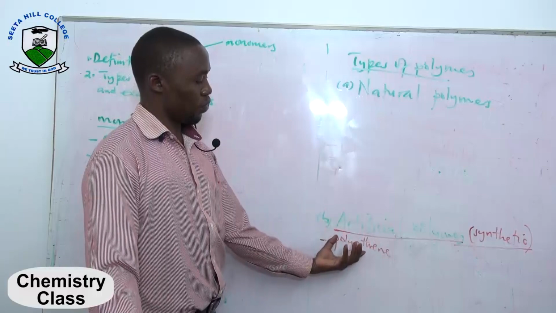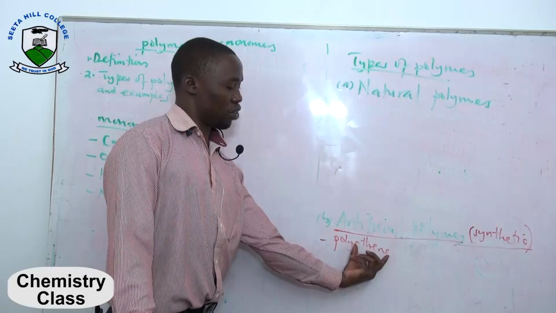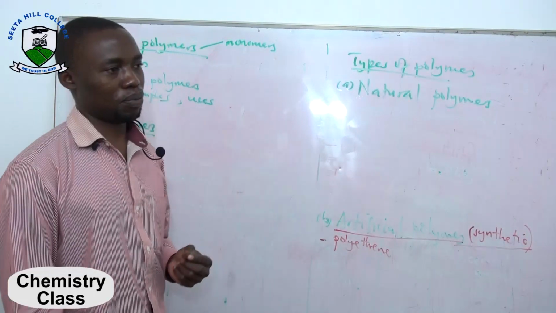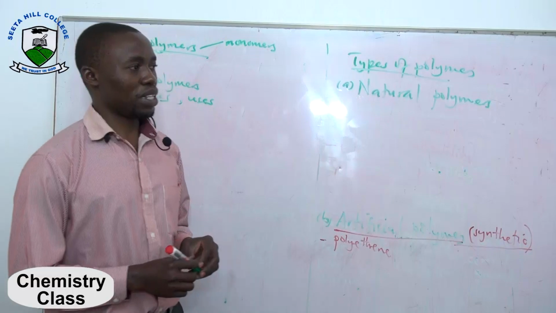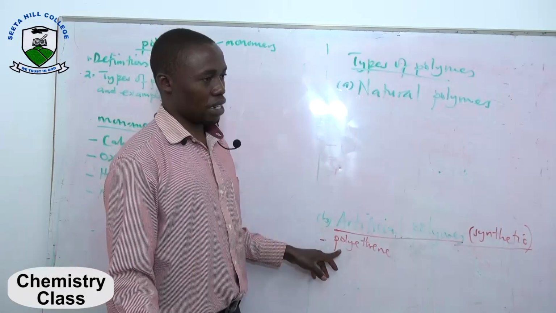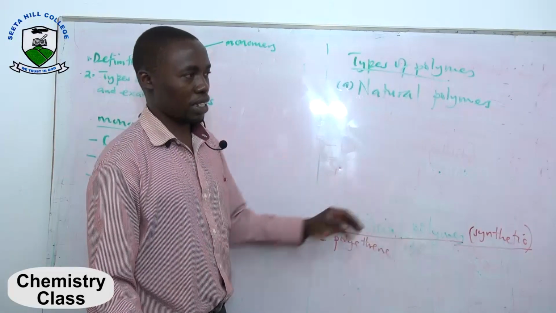That means polyethylene is made from monomers, from small substances called ethylene substances. Are you picking that? The building blocks of polyethylene are called ethene.